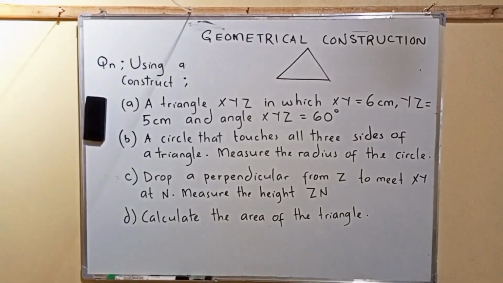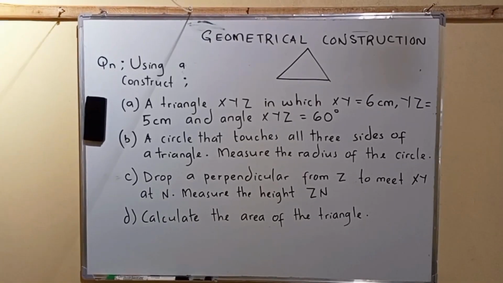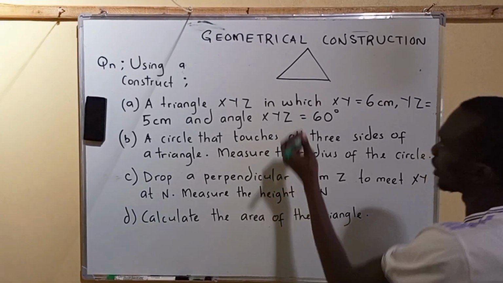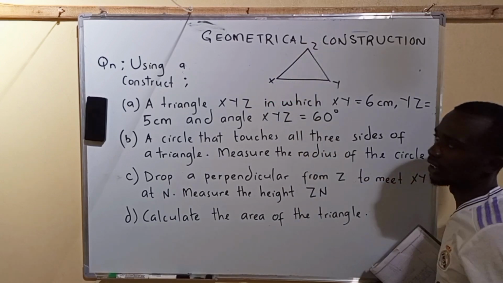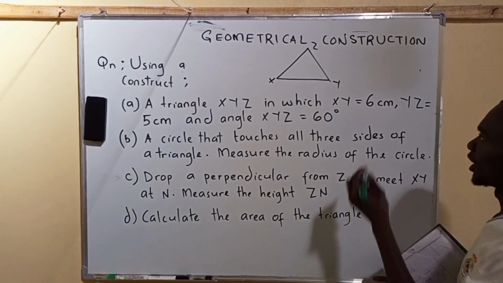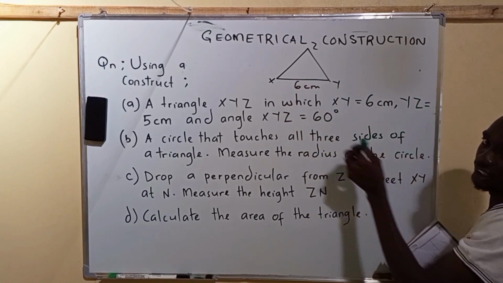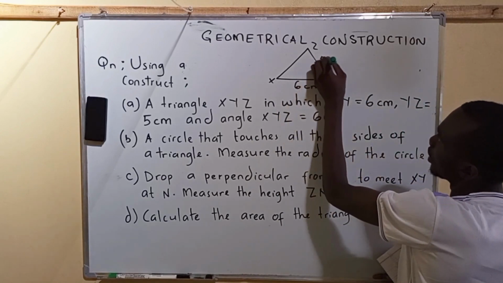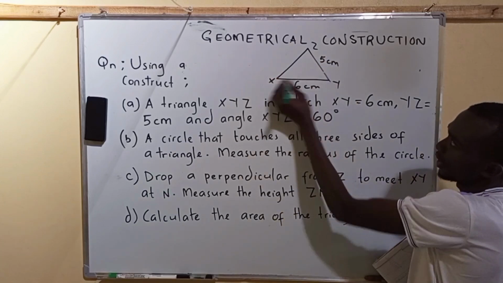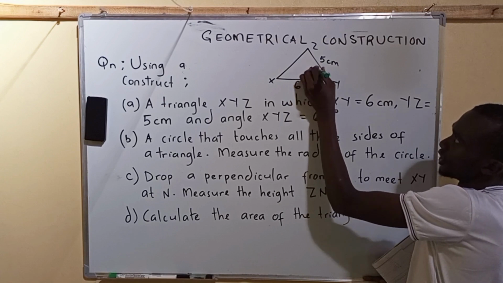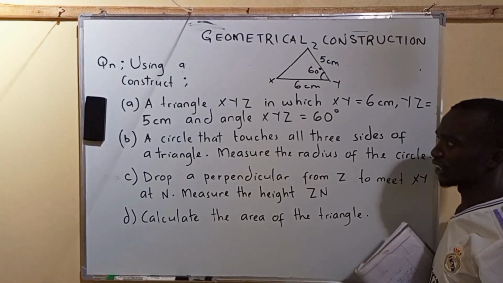If that is the sketch of the triangle, then you need to label X. Given that this is the triangle XYZ, length XY should be 6 centimeters, YZ is 5 centimeters, and angle XYZ is 60 degrees. So this angle XYZ is 60 degrees. That is the triangle that we're going to construct.